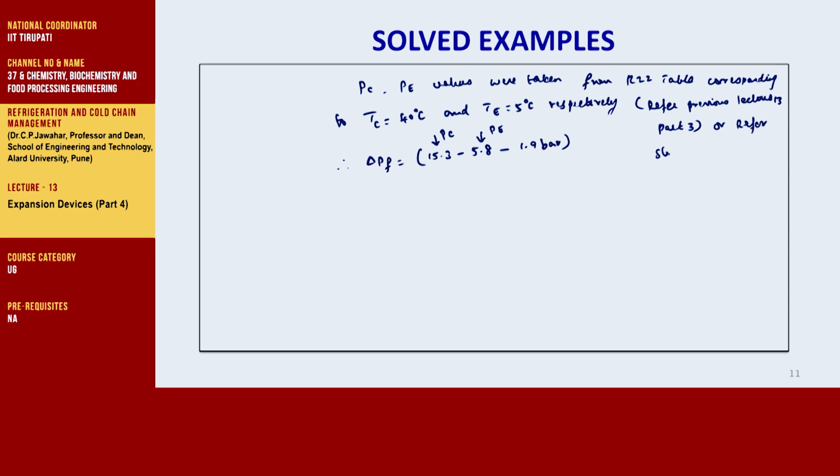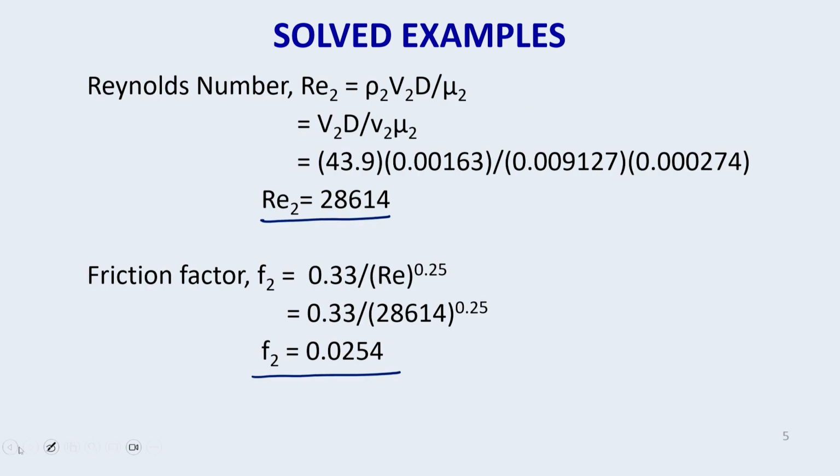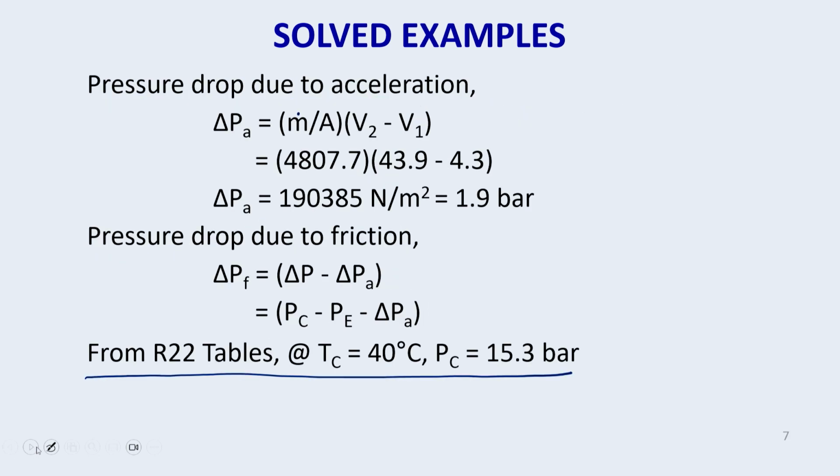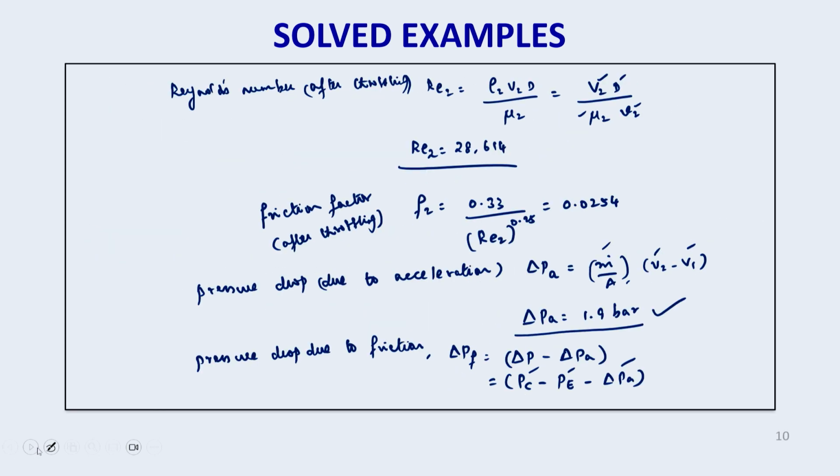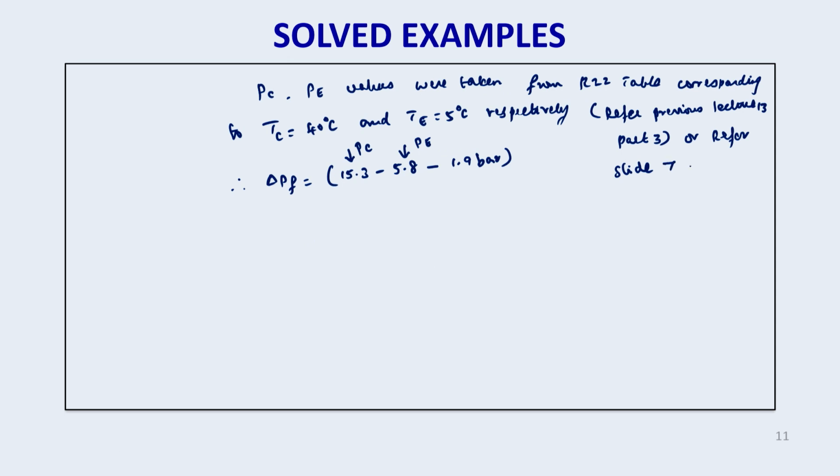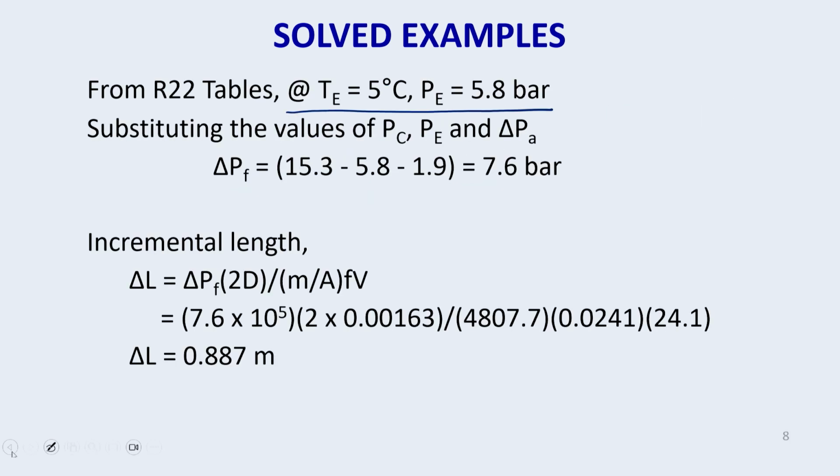So this is condenser pressure, this is evaporator pressure from the previous table, or you can refer to slide number 7 and 8. So this is the pressure drop due to friction.